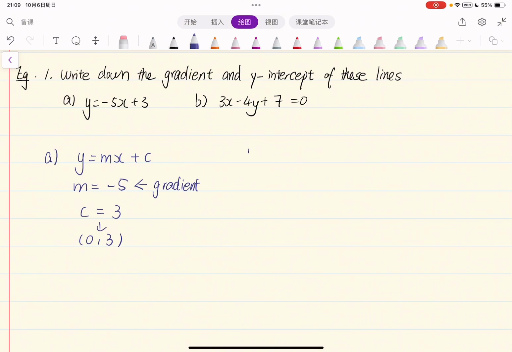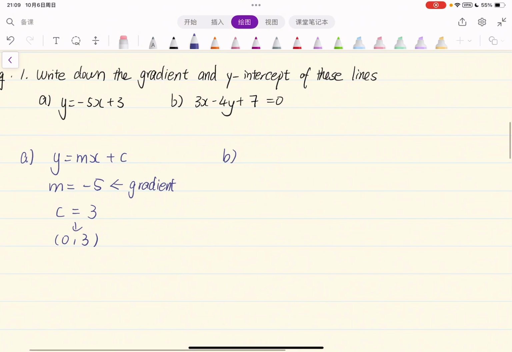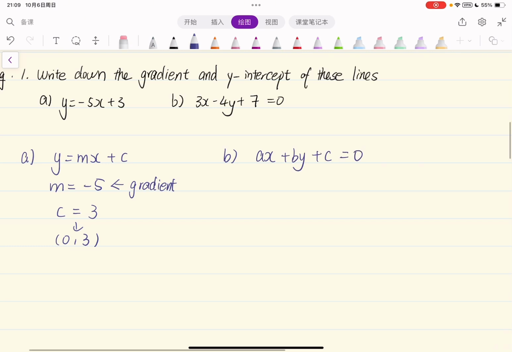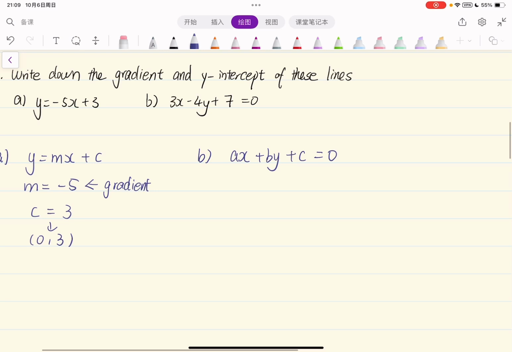For part B, we can see this is in the form ax plus by plus c equals 0. To find the gradient, we need to write it in the form y equals mx plus c. Then we can rearrange that.